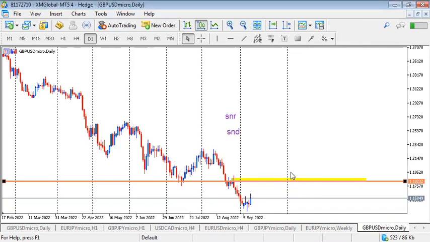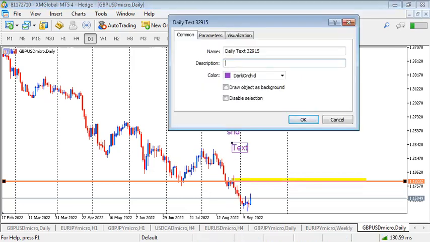Then the third is going to be QM, Quasimodo, or you can call it QML, Quasimodo line, Quasimodo level, or heads and shoulders, or whatever, or double top.